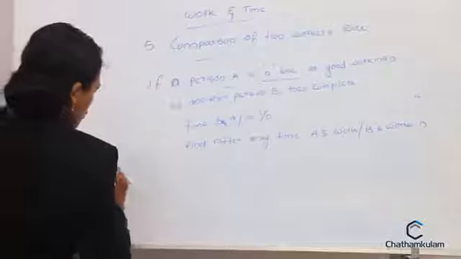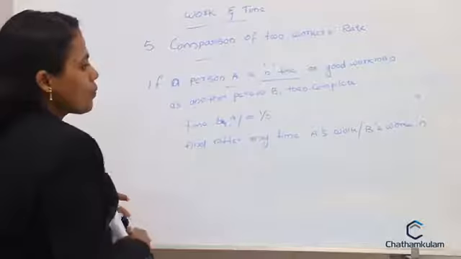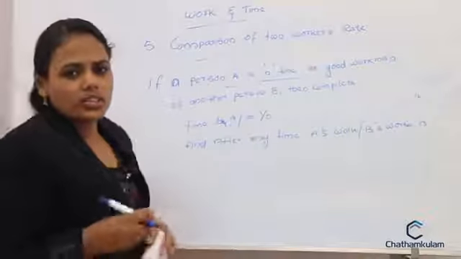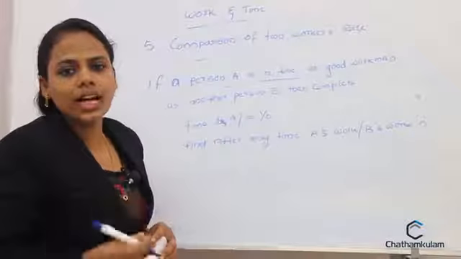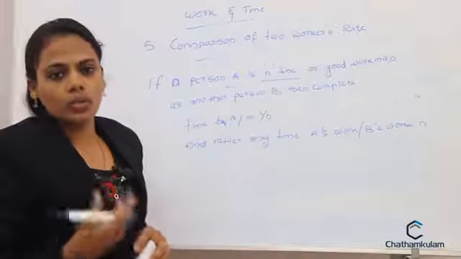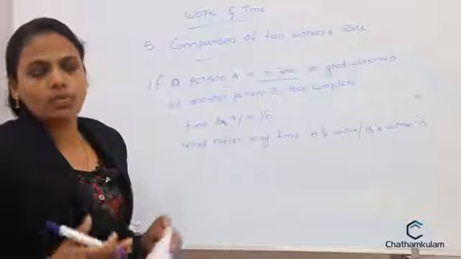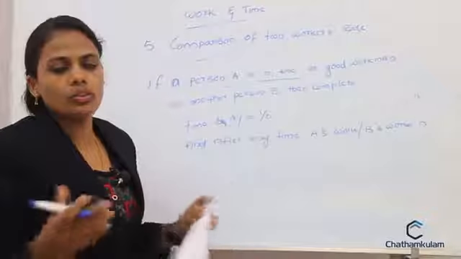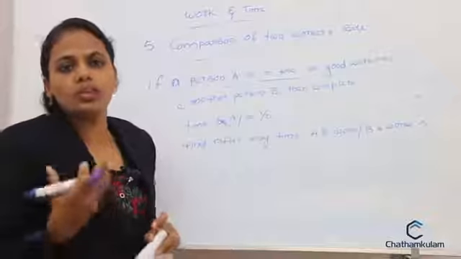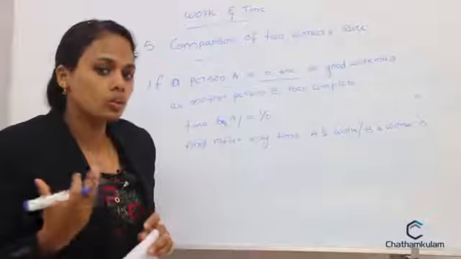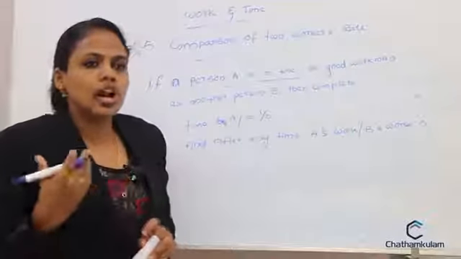The sixth one is the chain rule. These are not complicated; we just have to know the basic rules when calculating this kind of work and time related problems, where both A and B are working together for one entire day and we need to calculate which one is the better workman.